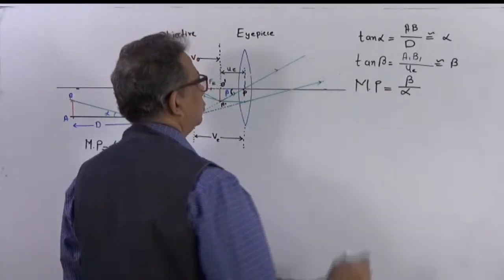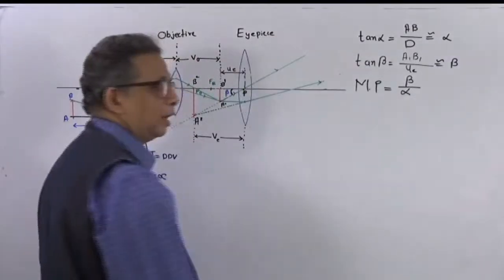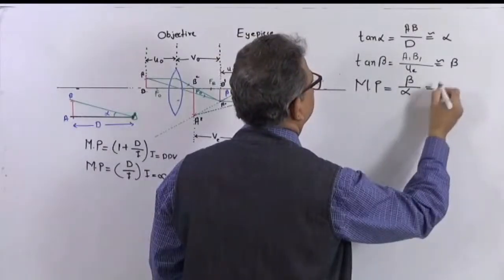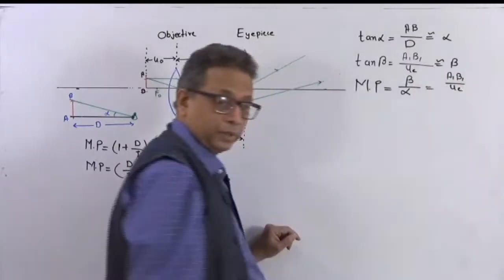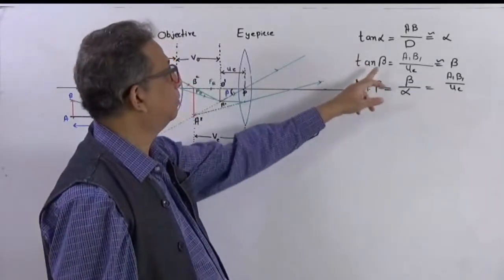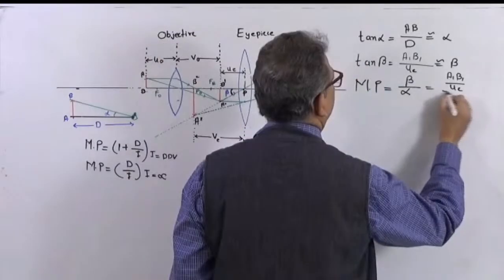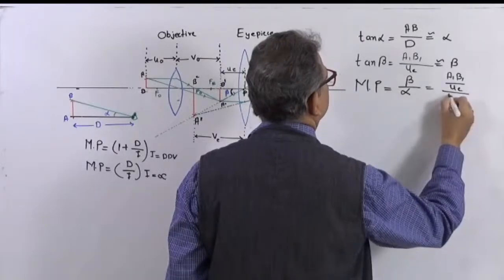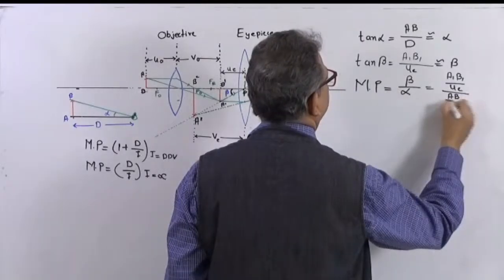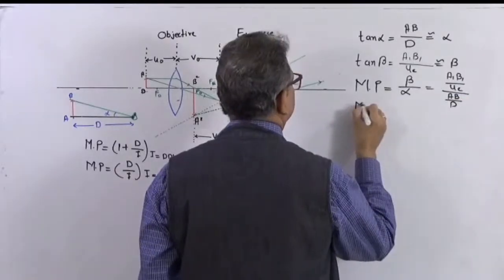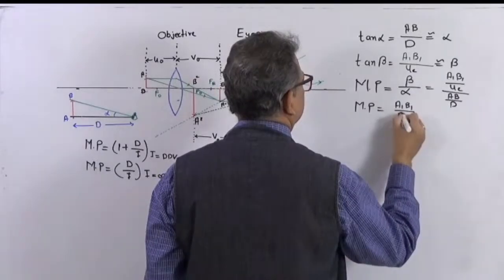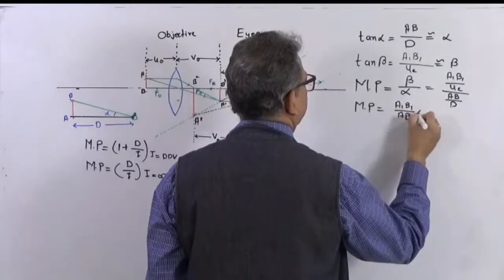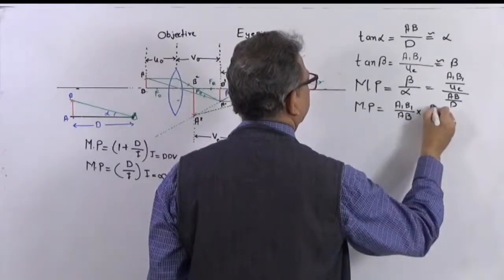So you have magnifying power which is beta upon alpha. Let us put the values of beta upon alpha. Beta is A1B1 upon UE, upon alpha, which is AB upon D. So magnifying power can be written as A1B1 upon AB into D upon UE.